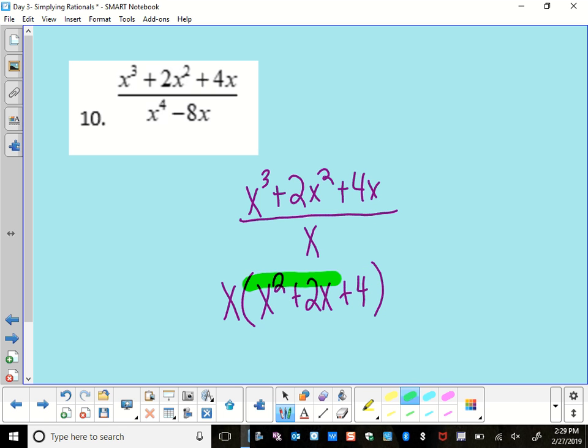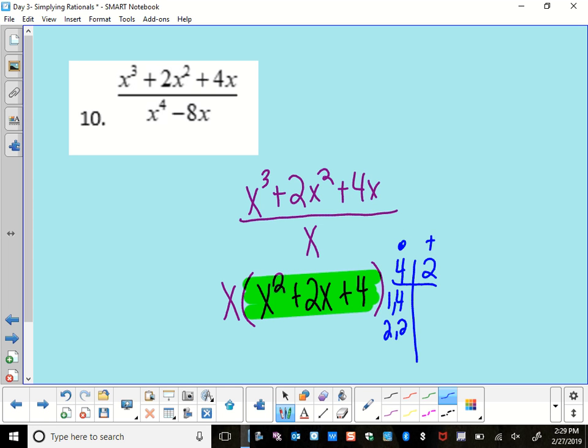What do I do with this guy here? I try to factor it, right? If I have a T-chart and I need two numbers that multiply to give me 4 and add to give me 2, my only options are 1 and 4 and 2 and 2. Will either of those add up to give me 2?